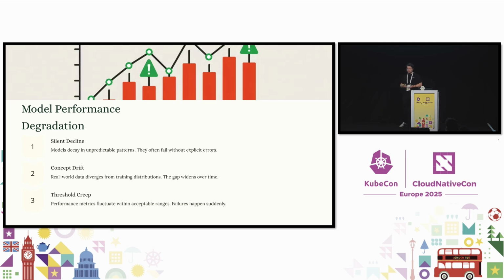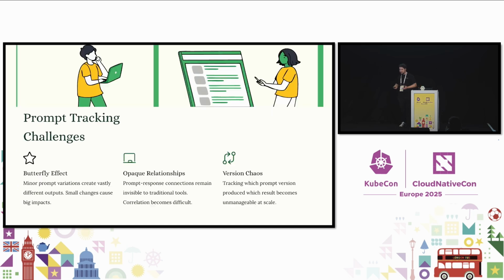There might be concept drift, where real-world data diverges from the training distribution and the gap widens over time. There's threshold creep: performance metrics fluctuate within acceptable ranges, but failures happen sometimes, and you don't even detect that.